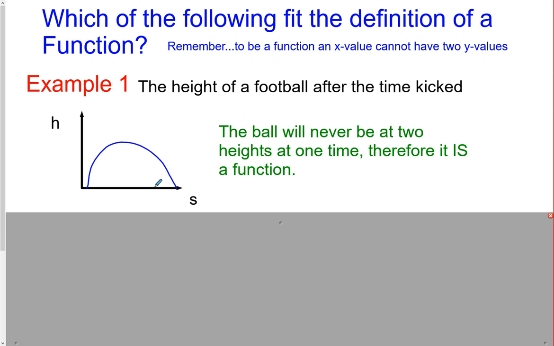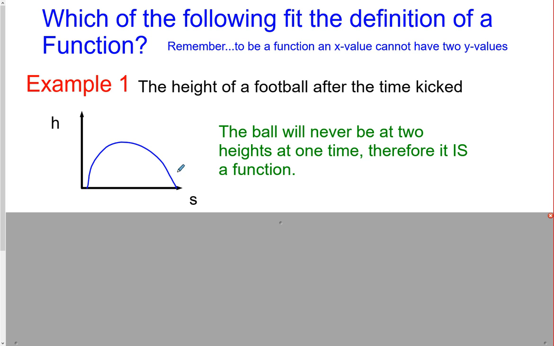If the ball, after, say, this is 2 seconds right here, was here and here, that would mean the ball had split into 2 pieces or something. Or space-time warped and the ball is in 2 places at once, right? I'm sure there's some funny time travel shows about people being in 2 places at once. So the ball can't be in 2 heights at one time.